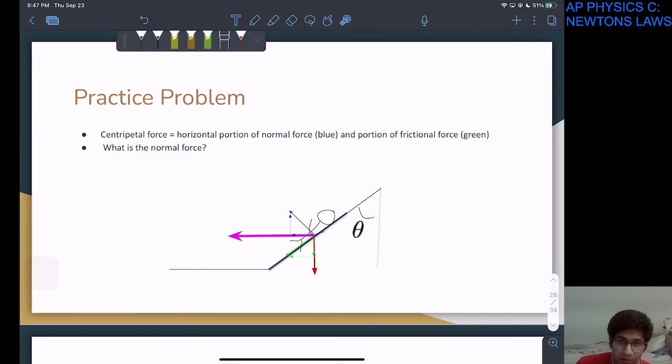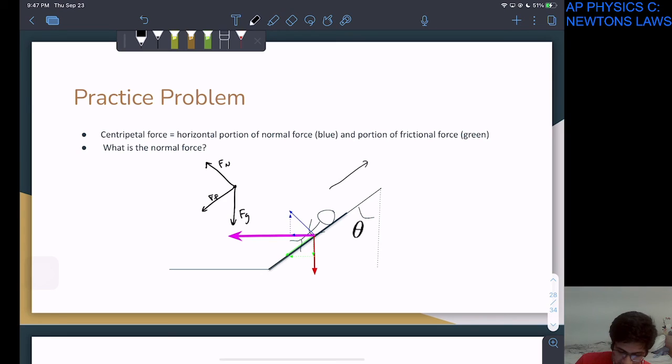Now, in this diagram we broke up our existing forces. We have our normal force, Fn, pointing this way, gravity pointing this way, and our frictional force pointing this way. And now we want to use our tilted coordinate system.